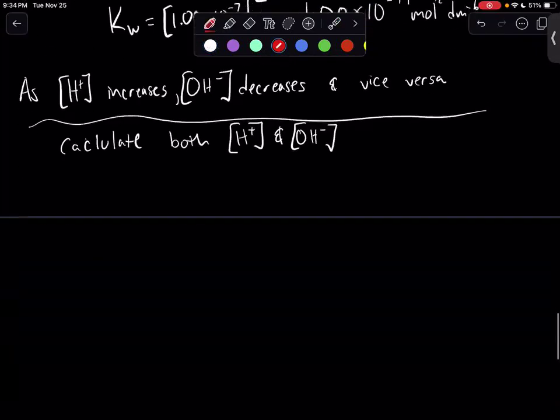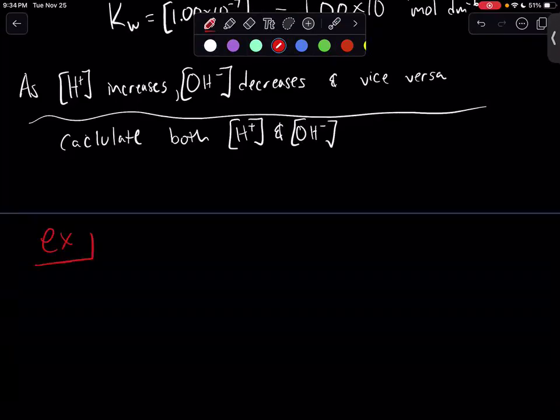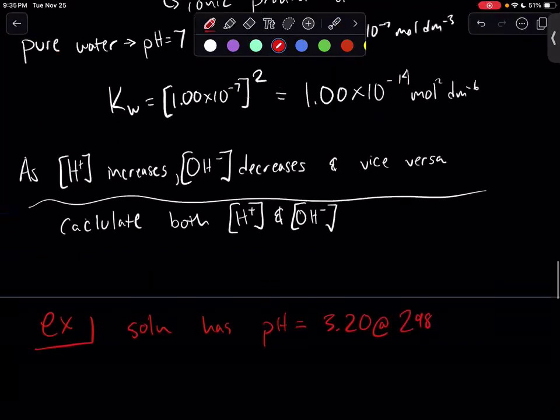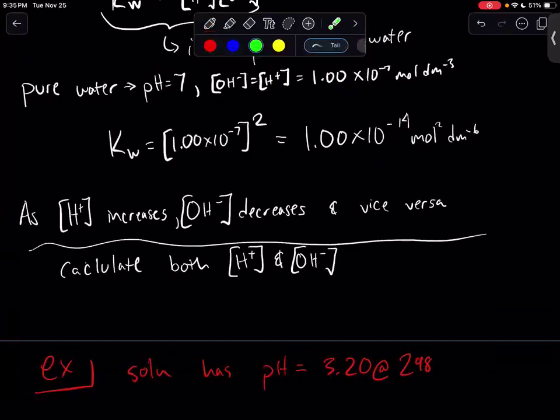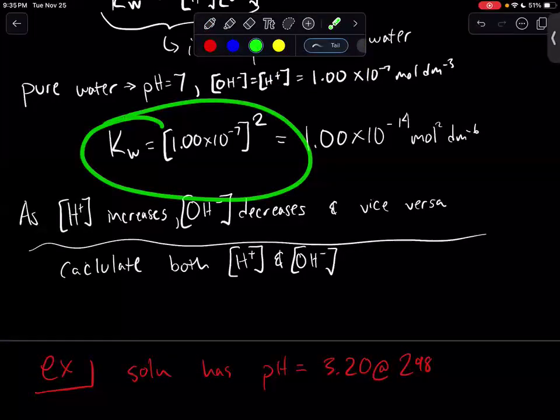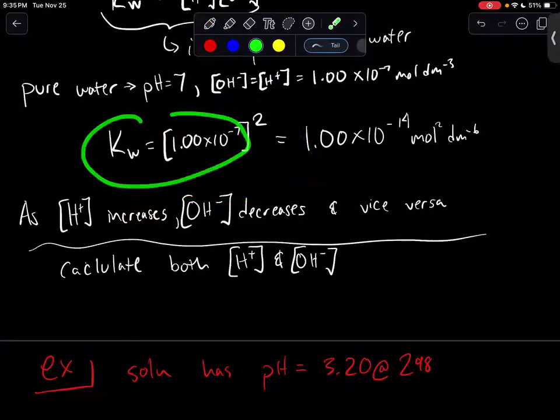So we'll do our last example problem. We'll say a solution has a pH equivalent to 3.20 at 298. I give this temperature 298 because, as we mentioned before, this is an equilibrium constant.